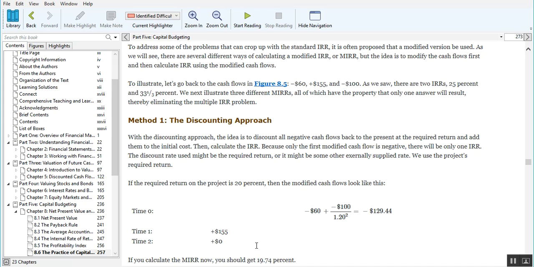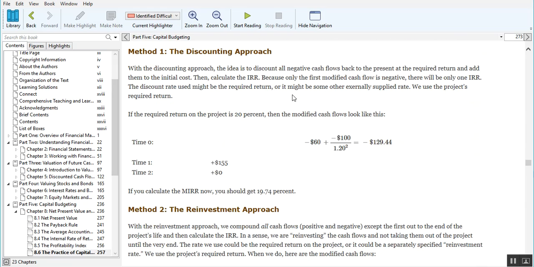Basically, we go back to this illustration we used earlier where we have these cash flows. Now, the modified internal rate of return based on these calculations is 19.74%. So the required return on the project is 20%. The modified cash flows look like this.